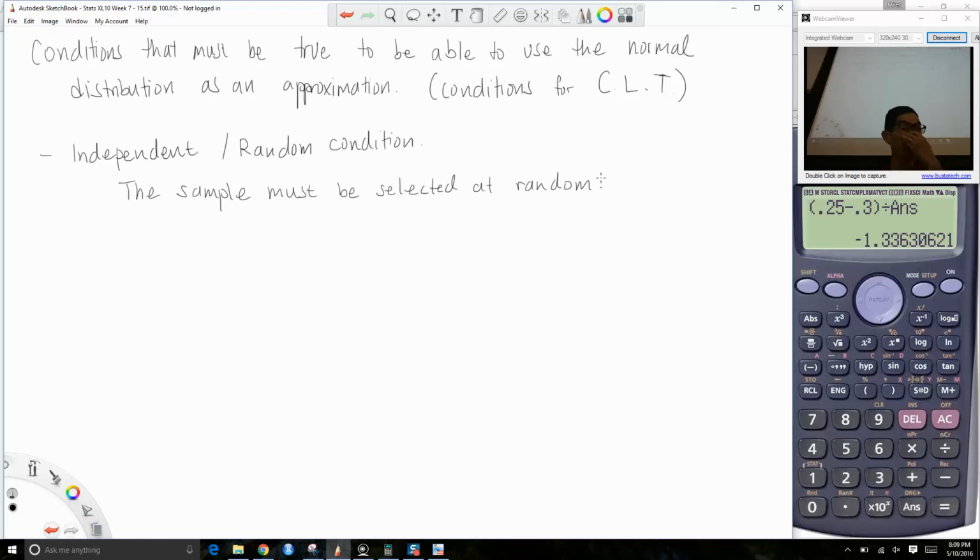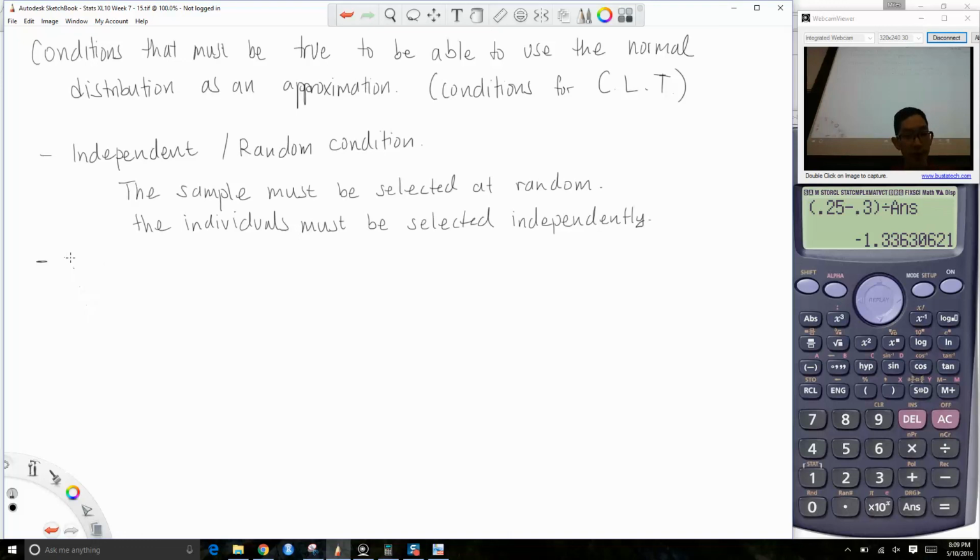The members of our sample must be selected independently of each other, or I'll just say the individuals must be selected independently. Basically, if you're not dealing with a random sample, you're not going to be able to do any kind of inference here.